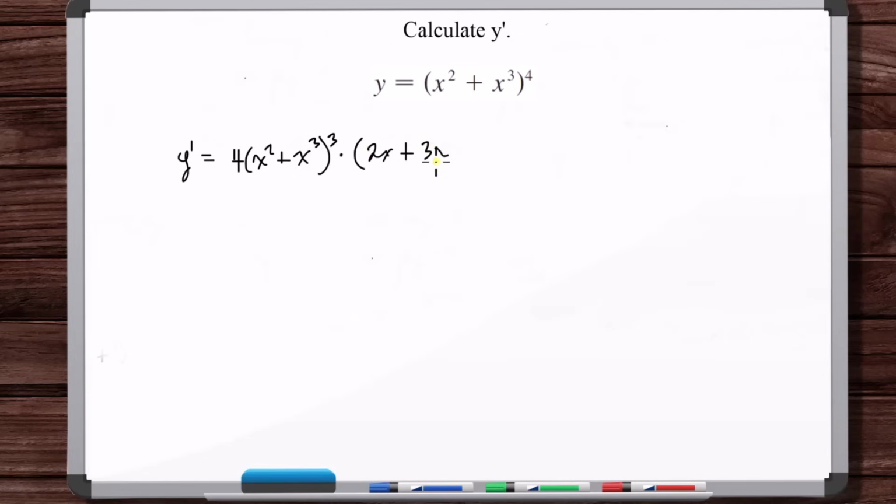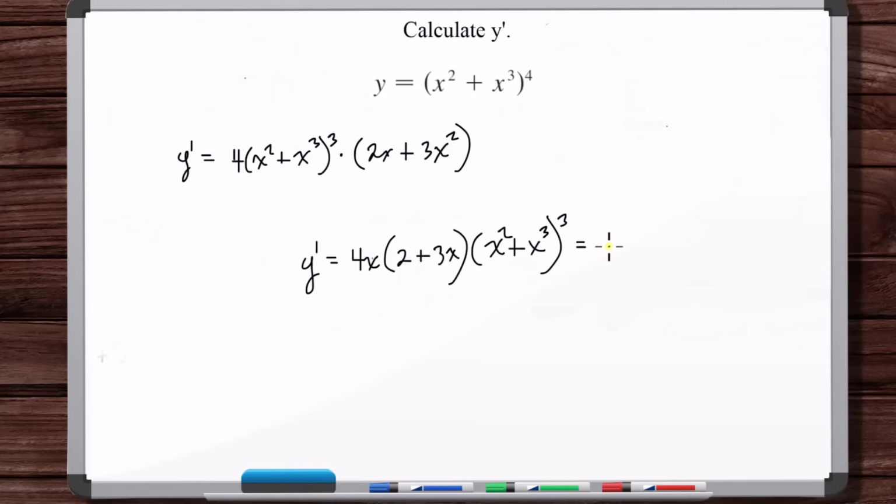2x plus 3x squared. So to write this in the cleanest form, maybe we can take out an x and we get 2 plus 3x, and then maybe we can play with this here. 4x, 2 plus 3x, and then we could take out an x squared.